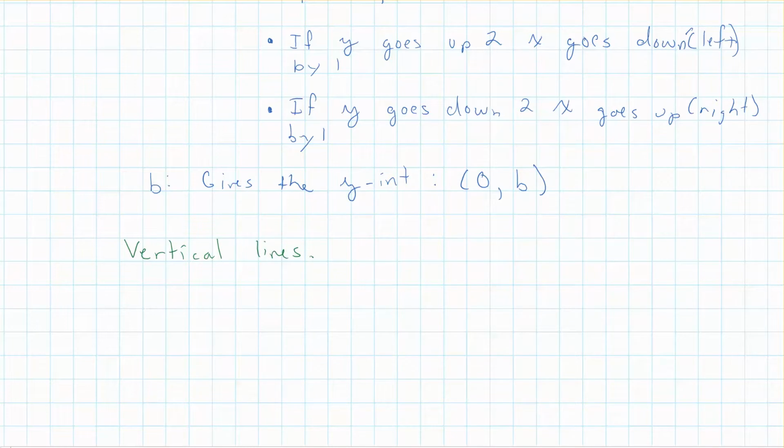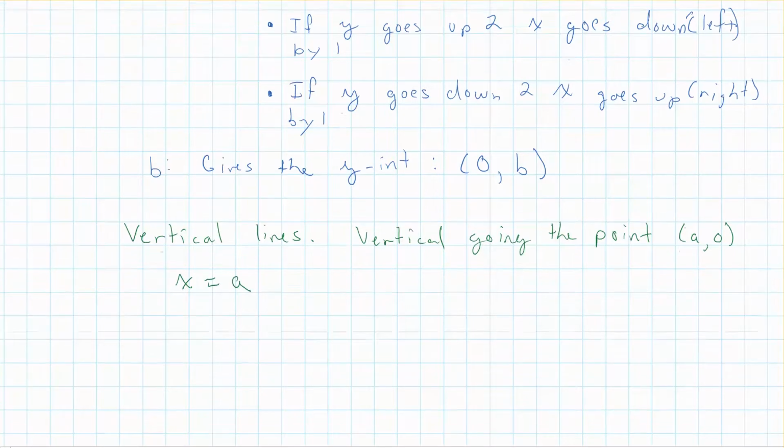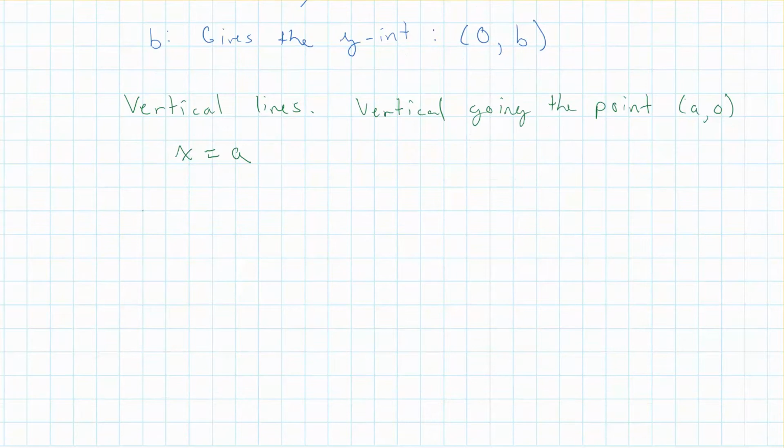Vertical lines, well, they're vertical, of course, and they're going through the point a, 0, and the equation for a vertical line would just be x equals a. Now, I will also highlight horizontal lines, although technically horizontal lines fall under our slope-intercept form. So a horizontal line, of course, is horizontal, and the equation is y equals b.